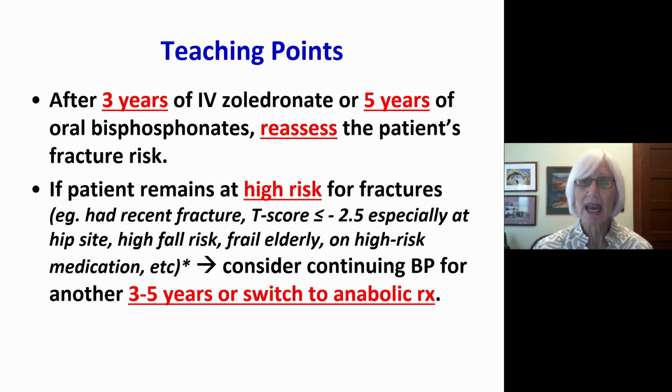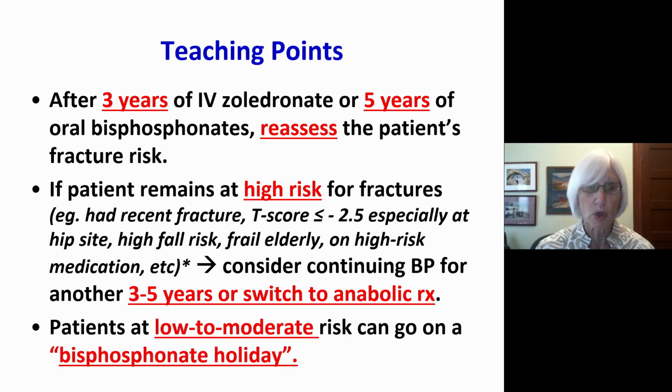If the patient remains at high risk for fractures, they just had a fracture, they still have low T-scores, especially at the hip, they fall a lot, it's a frail elderly person, or they're on a high-risk medication such as high-dose glucocorticoids, aromatase inhibitors, et cetera, consider continuing the bisphosphonate for another 3 to 5 years or switch them to anabolic therapy. These are not the people for whom a drug holiday is warranted.